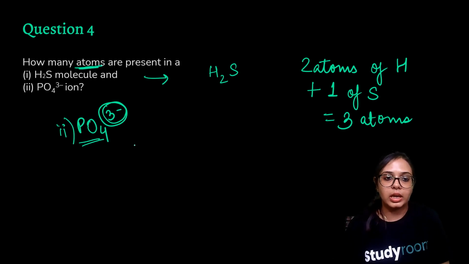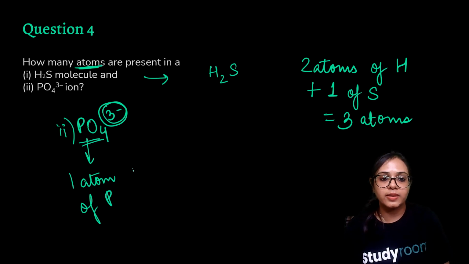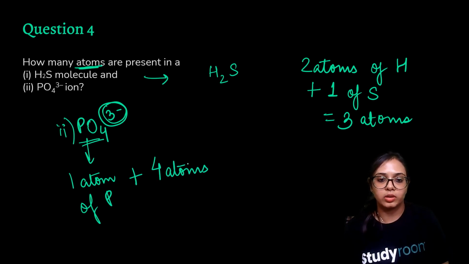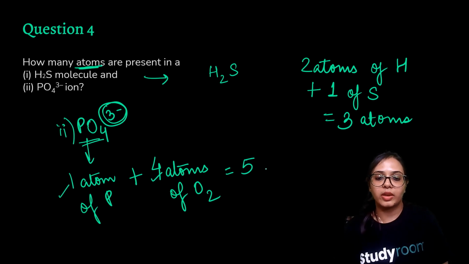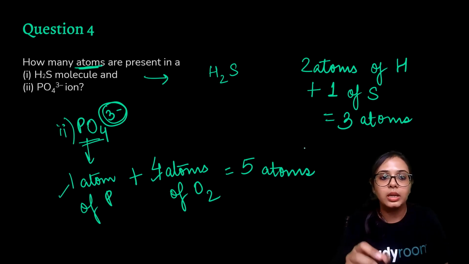For a phosphate ion, there is only one atom of phosphorus, and it is combining with four atoms of oxygen. So we have a total of 1 plus 4, that is 5 atoms. We ignore the charge because we are only counting the number of atoms.